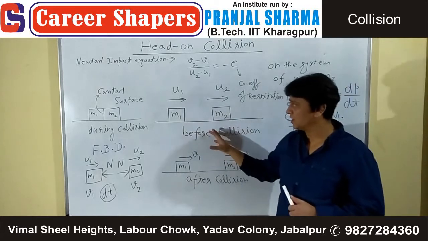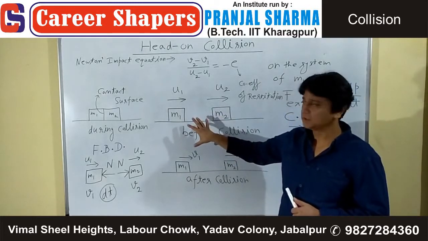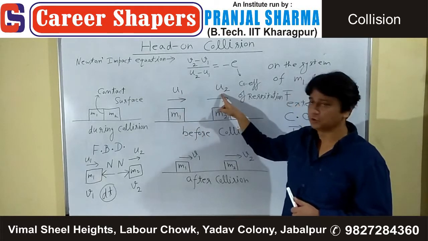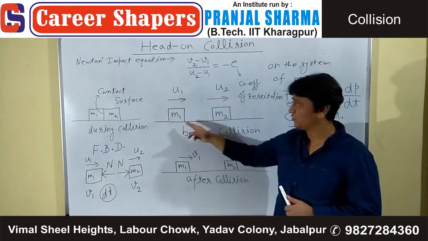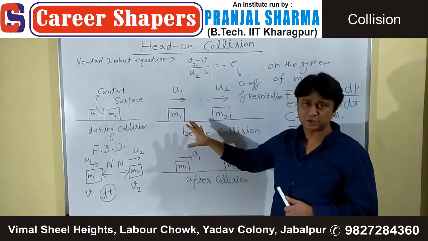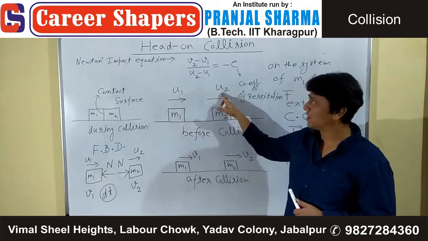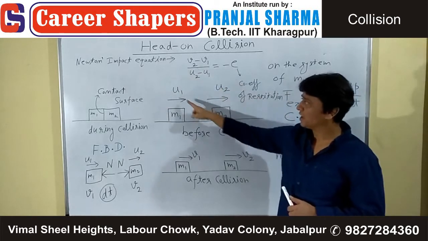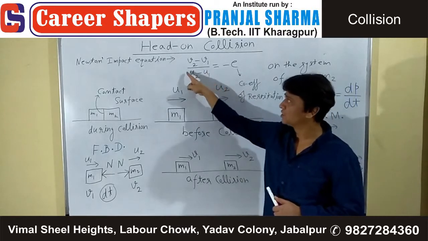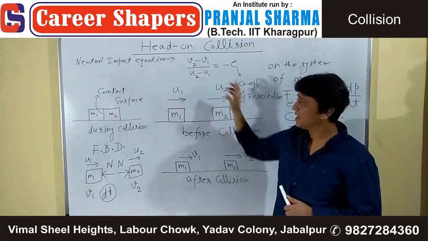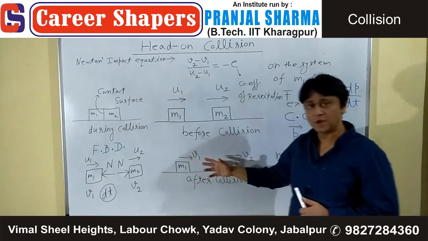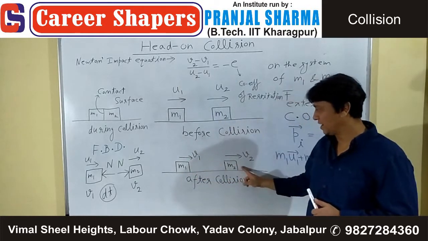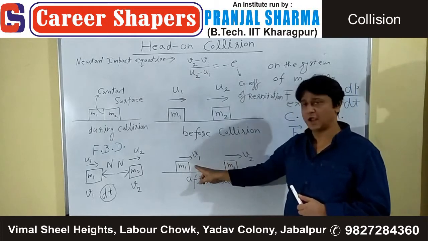In this setup, for collision to happen, U1 should be greater than U2. M2 is ahead of M1 and therefore for collision to take place, U1 should be greater than U2. Which means, look at the denominator: if U1 is greater than U2, then this denominator is negative.